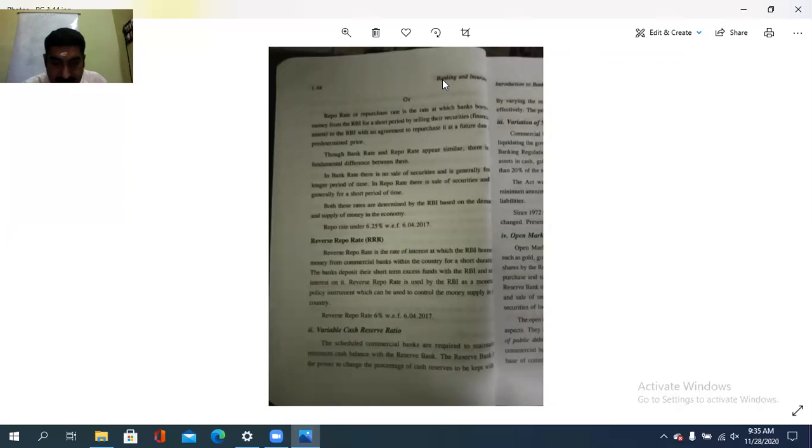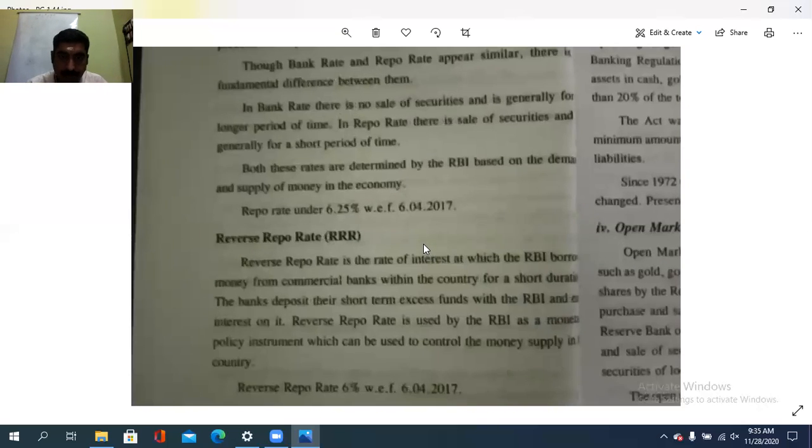Then the reverse repo rate എന്ന് പറഞ്ഞാൽ what is that? It is the rate of interest at which the RBI may borrow money from commercial banks within the country for a short duration. കുറച്ച് കാലയളവിലേക്ക്. Okay, the RBI borrows money from the commercial banks at a rate of interest, so that the banks may deposit their short-term excess fund.